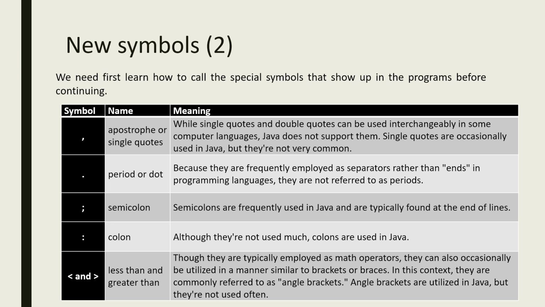Semicolon will often be used at the end of a command line. You will forget it often. Comma is less used, but still. And less than or greater than can be used in couples, but also as a math symbol. In the case of the math symbol, it's just one at a time.